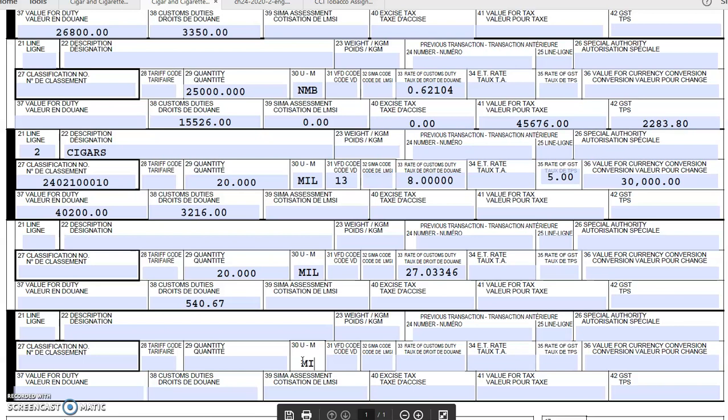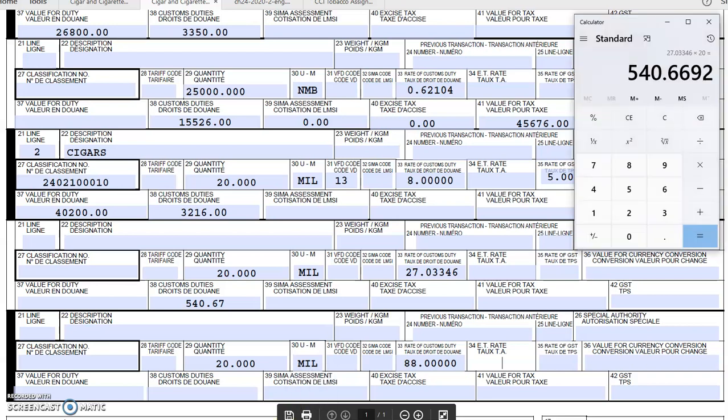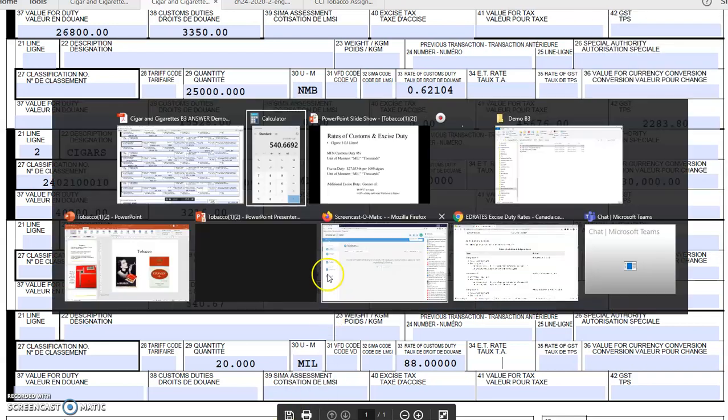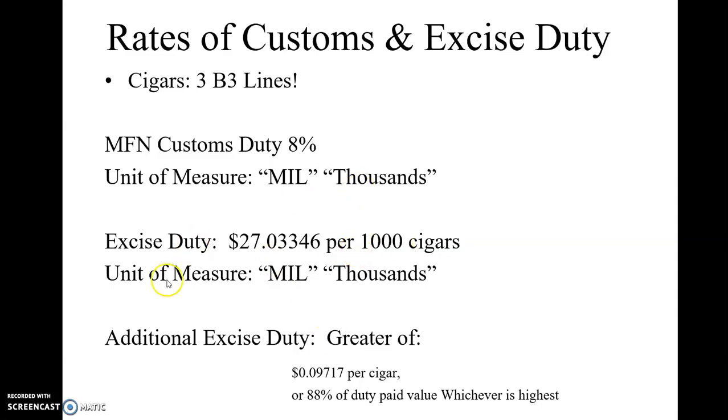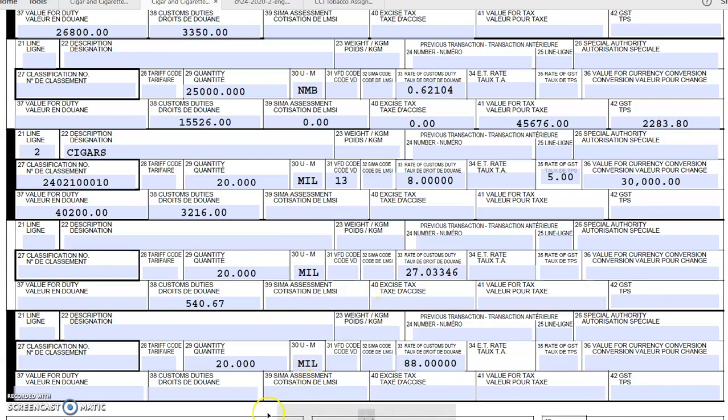The unit of measure stays the same. Still have 20,000 cigars. The rate of customs duty is 88% of the total value for duty. So, let me just again show you on our chart, the additional excise duty is the greater of 9 cents per cigar, or 88% of the duty paid value, whatever is highest.